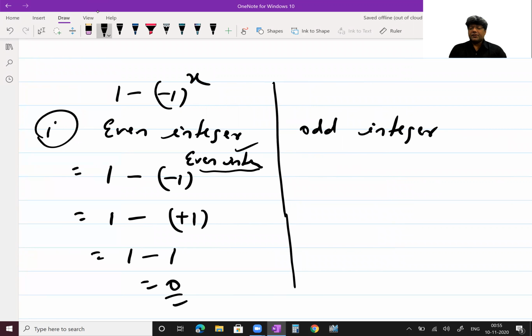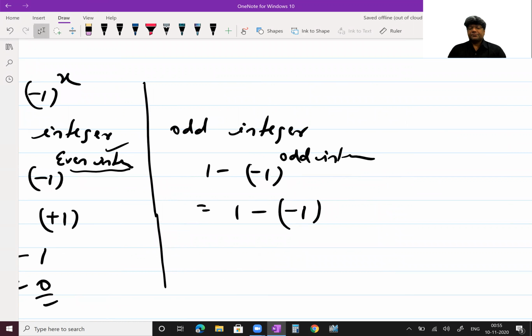Similarly, if odd integer, then minus 1 to the power odd integer. So odd integer means it will always be minus 1. Like minus 1 to the power 1, result is minus 1. Minus 1 to the power 3, result is minus 1. Minus 1 to the power 5, the result is minus 1. So any odd integer, the result will be minus 1.